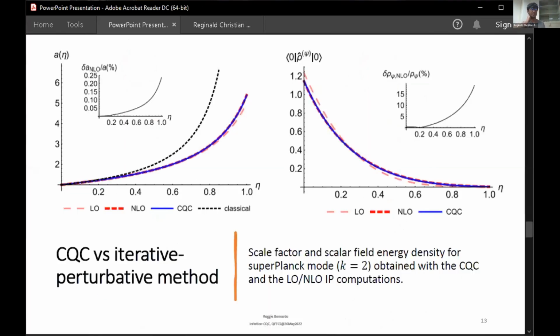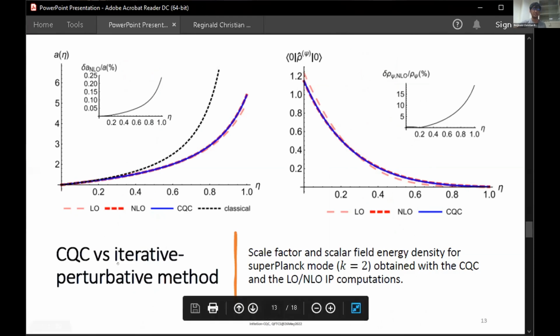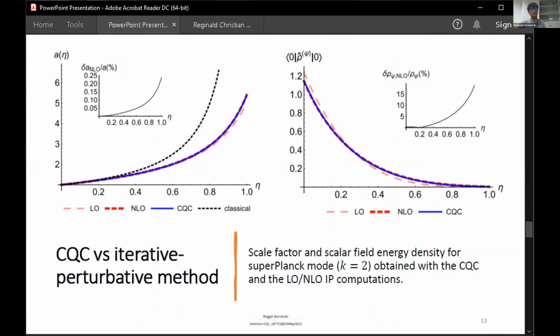So here I am comparing the result with the classical quantum correspondence with the traditional iterative perturbative method. By classical here, this is what we would get in our usual semi-classical approach, just keeping the backgrounds fixed.